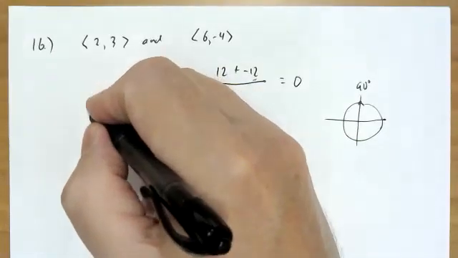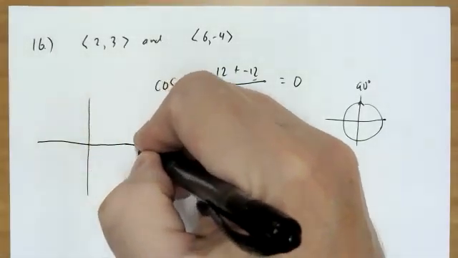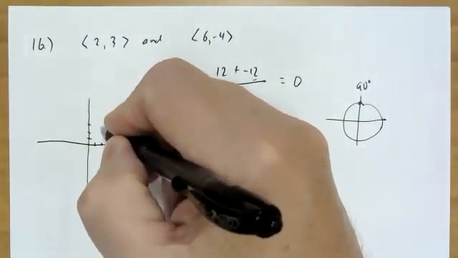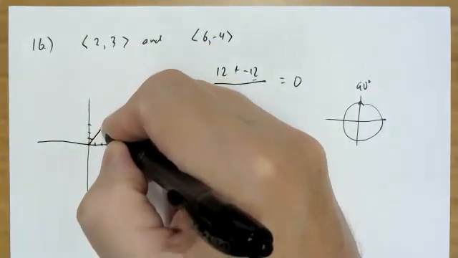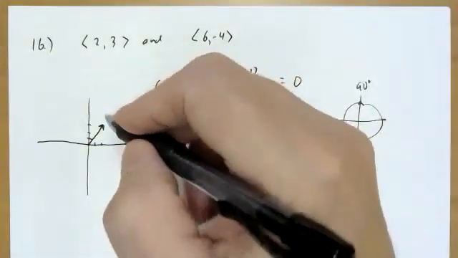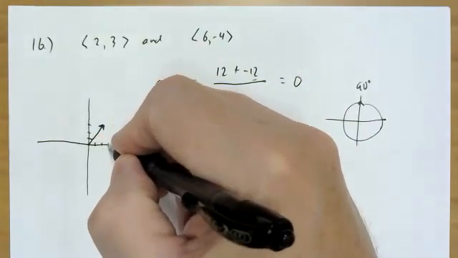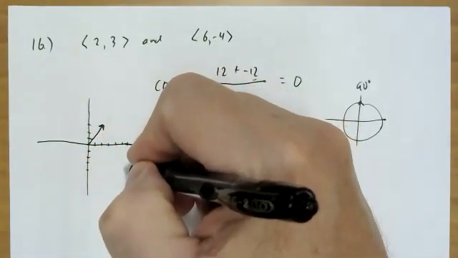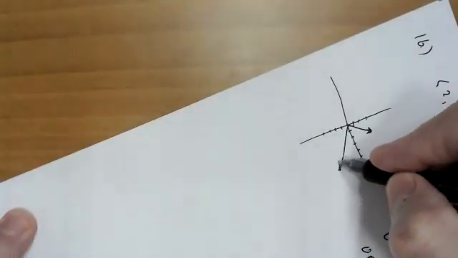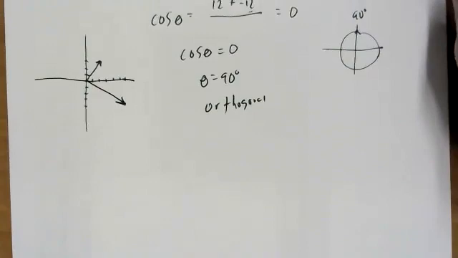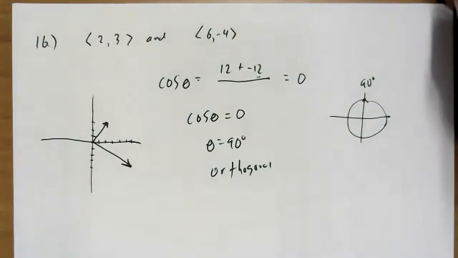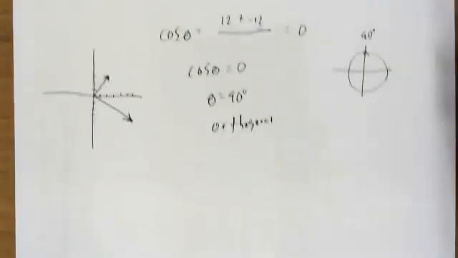As a matter of fact, once again, if I make a sketch, we'll see if it sort of looks that way. 2, 3, and then 6, -4. 1, 2, 1, 2, 3, 4, 5, 6. 1, 2, 3, 4. Yep. Looks like it could be a right triangle, orthogonal. All right, 2 more.